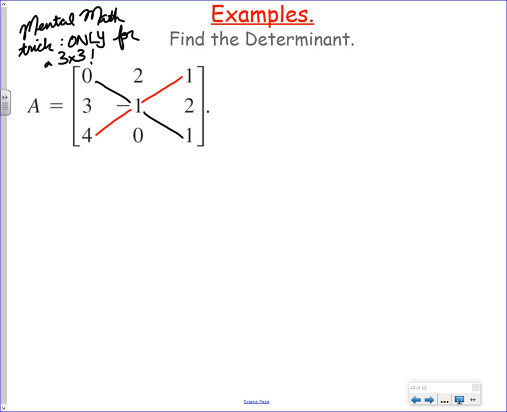So here's the dealio. For a 3 by 3 trick, you rewrite the matrix as far as you need to let every term get included in either a main or an opposite. Zero got used in a main, 2 got used in a main, 1 got used in a main.